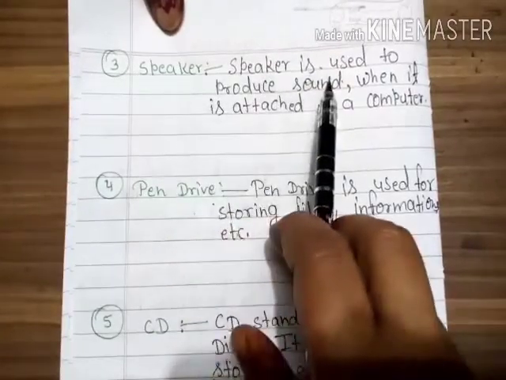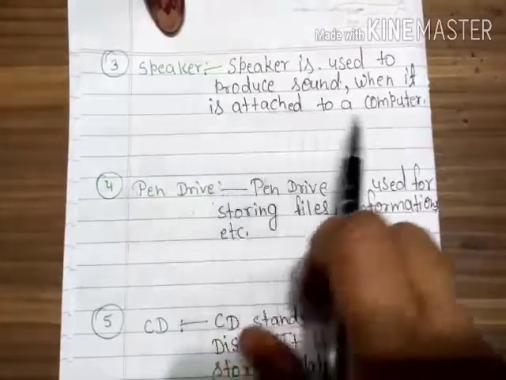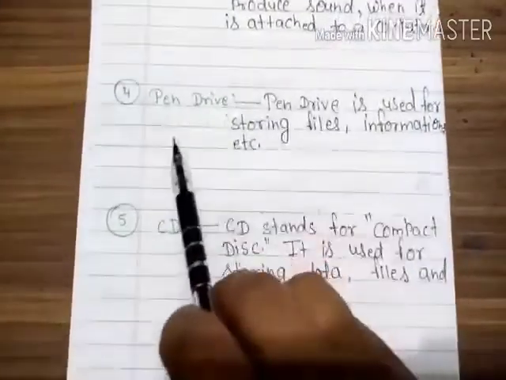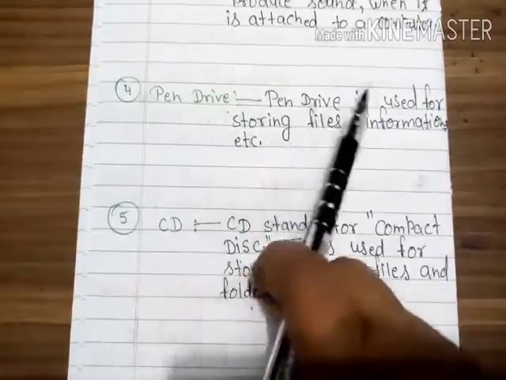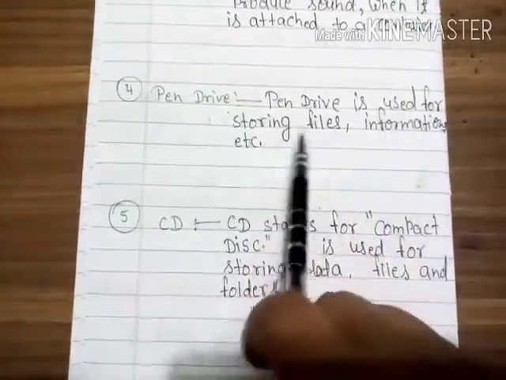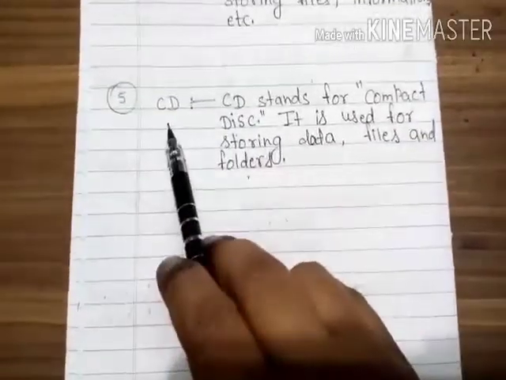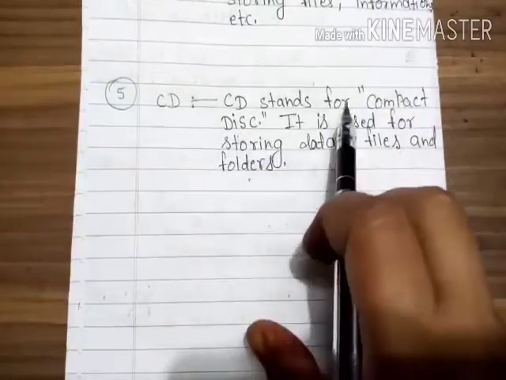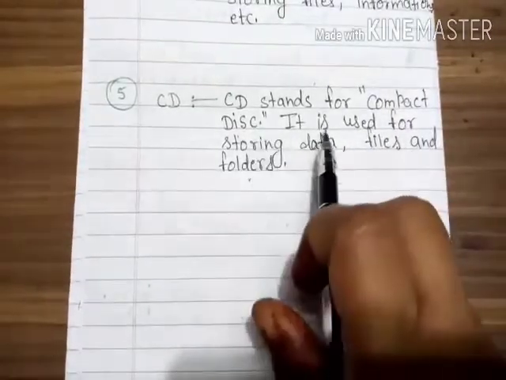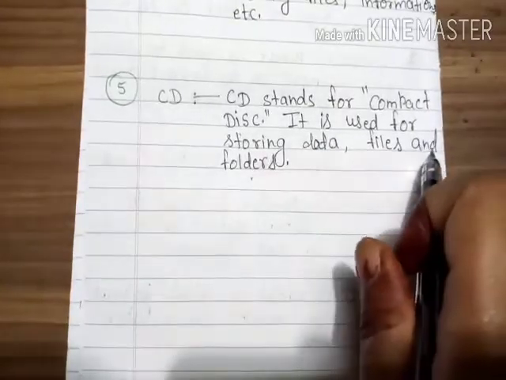Speaker is used to produce sound when it is attached to a computer. Next is number 4, pen drive. Pen drive is used for storing files, informations, etc. Number 5, it is CD. CD stands for compact disc. It is used for storing data, files and folders.